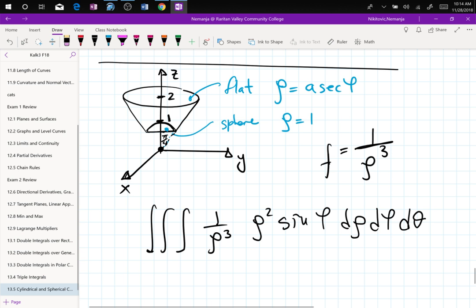Theta: 0 to 2 pi. 0 to 2 pi is the full circle. It's the entire cone. If I cut half of it, then it's 0 to pi. If I want the other half, it's pi to 2 pi, right? If I want a wedge from pi over 4 to pi over 2, it's a quarter wedge.